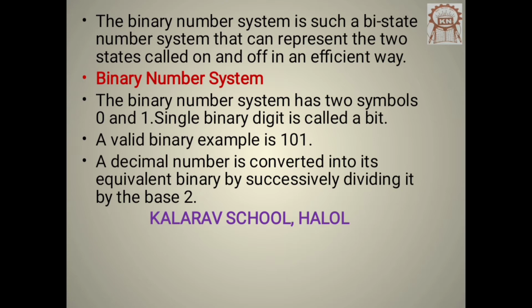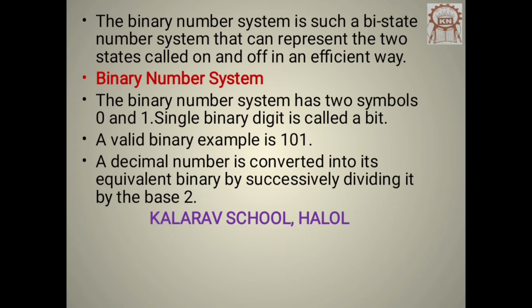Binary number system. The binary number system has two symbols, 0 and 1. A single binary digit is called a bit. A valid binary example is 101.